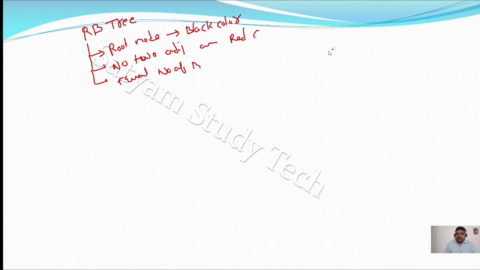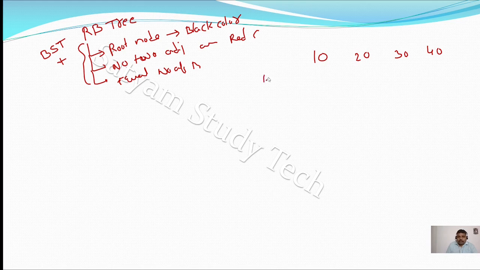So for example, I am considering here 10, 20, 30, 40. The RB tree is first of all a binary search tree, and it satisfies these properties.